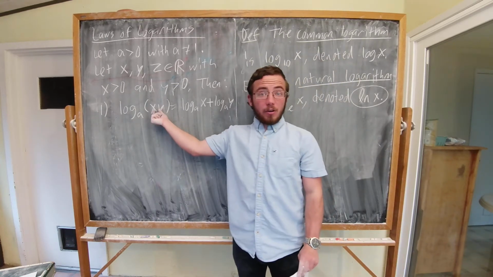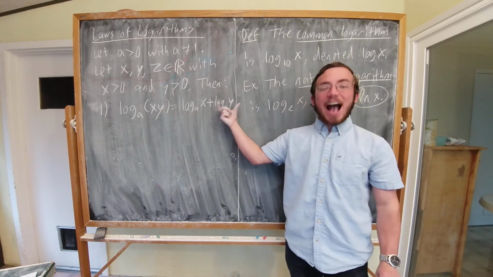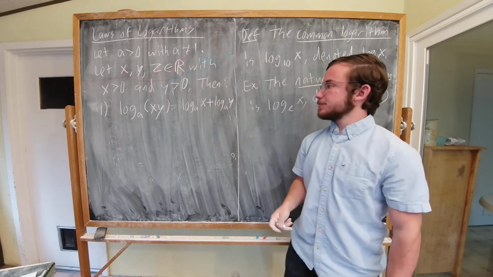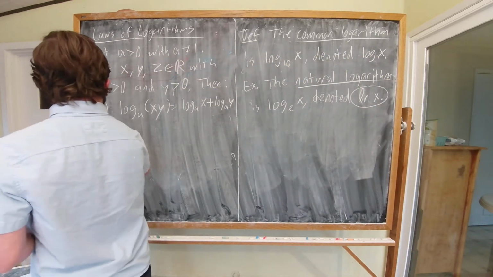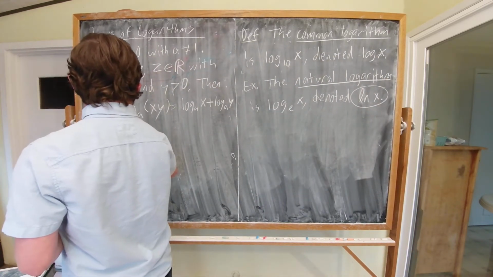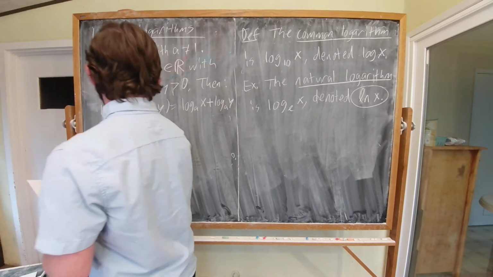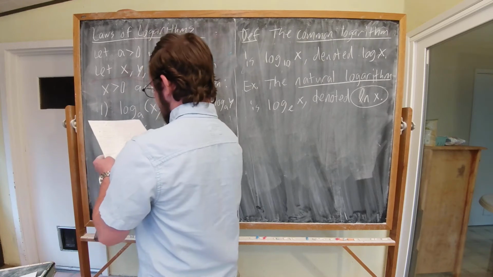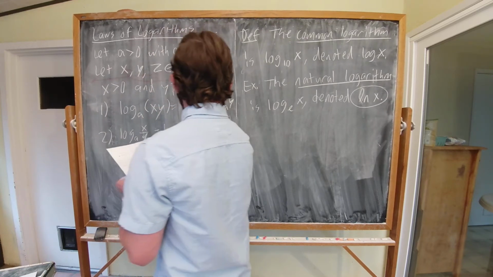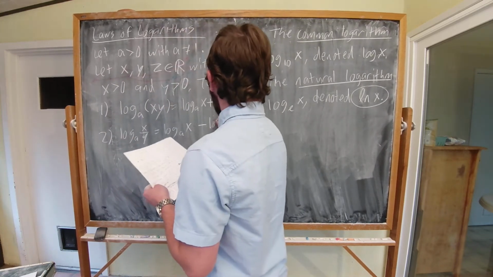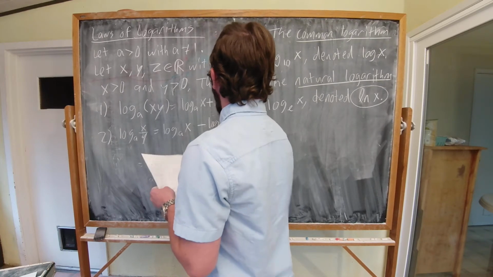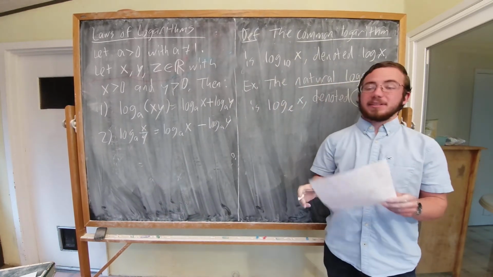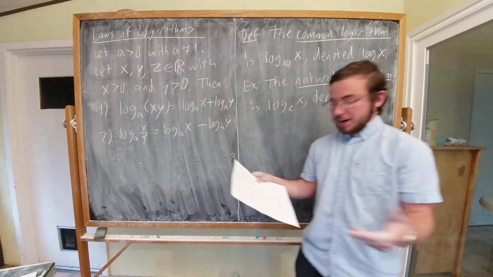Multiplying within a logarithm splits up as adding the two logarithms. Division will similarly split as subtraction. So log base a of x divided by y is log base a of x minus log base a of y. That makes sense.